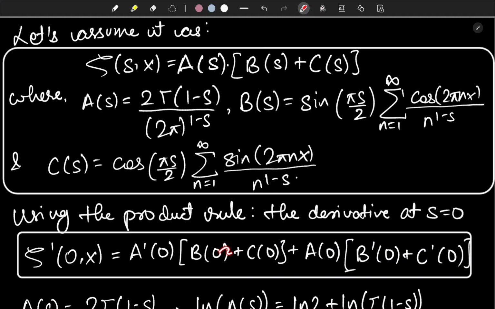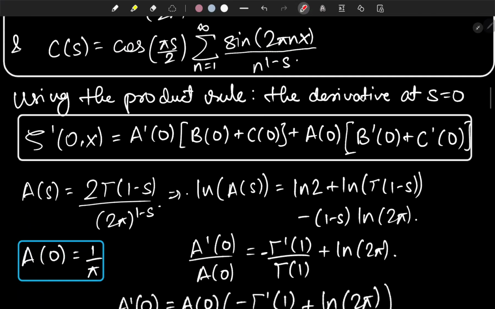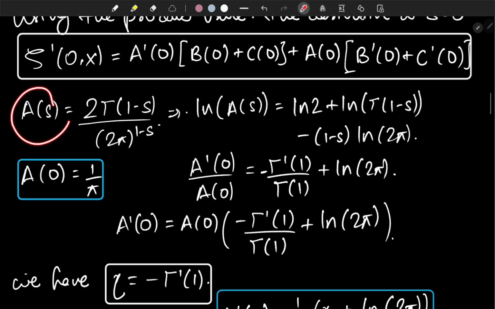And then we have to evaluate the functions a of 0, b of 0, and c of 0 as well. So if we talk about a of s, taking the natural logarithm gives us ln 2 plus ln gamma of 1 minus s, minus 1 minus s times ln 2 pi.